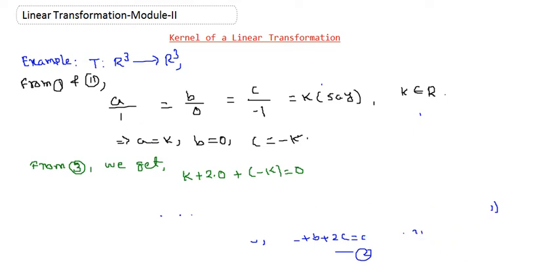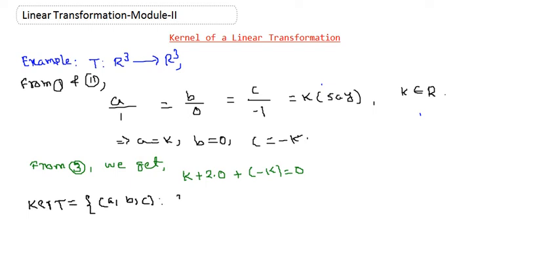Just give me some time to erase the whole part. So what we have: the kernel of T is the collection of all (A, B, C), because we took (A, B, C) as any element of the kernel. Here A has to be equal to K, B has to be equal to 0, and C has to be equal to minus K, where K is any real number.